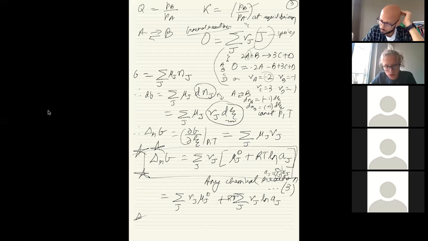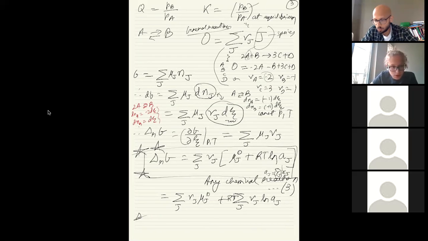If instead of this, you had 2A going to B, then what would it have been? dnA would have been -2 d psi. dnB would have been plus d psi. And that captures really chemical intuition. 2 moles of A need to be killed before 1 mole of B is born, right? That's the idea over here. And that's why the stoichiometric coefficients show up.